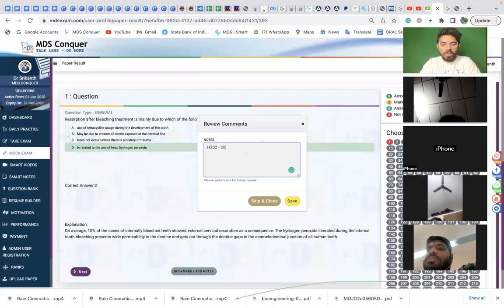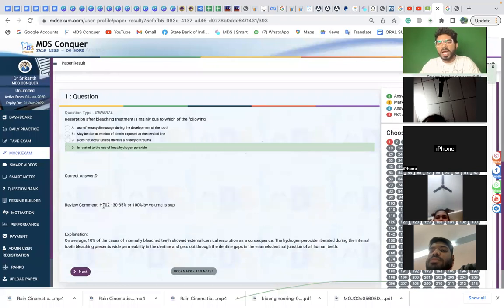H2O2, 30 to 35%, or 100% by volume, is superoxide. Okay. So I'm going to add this and save.